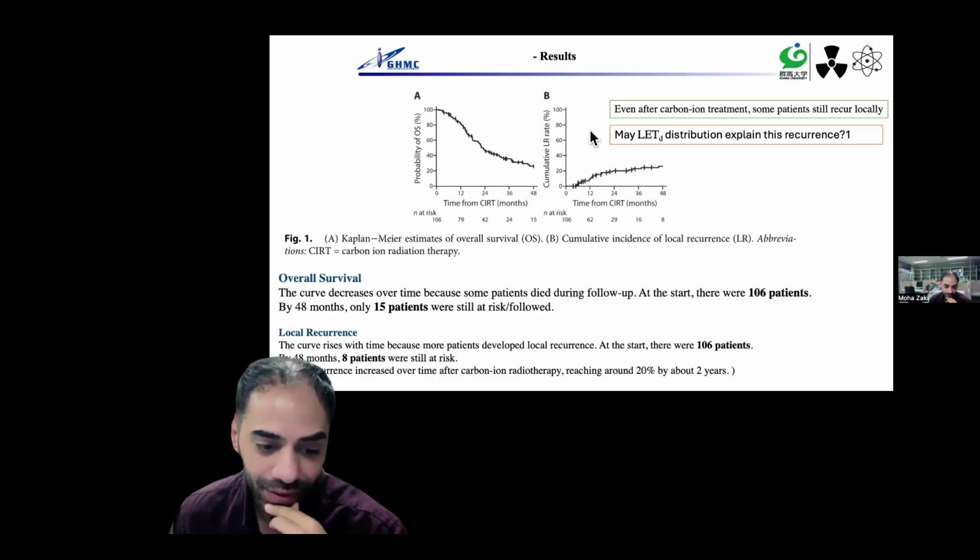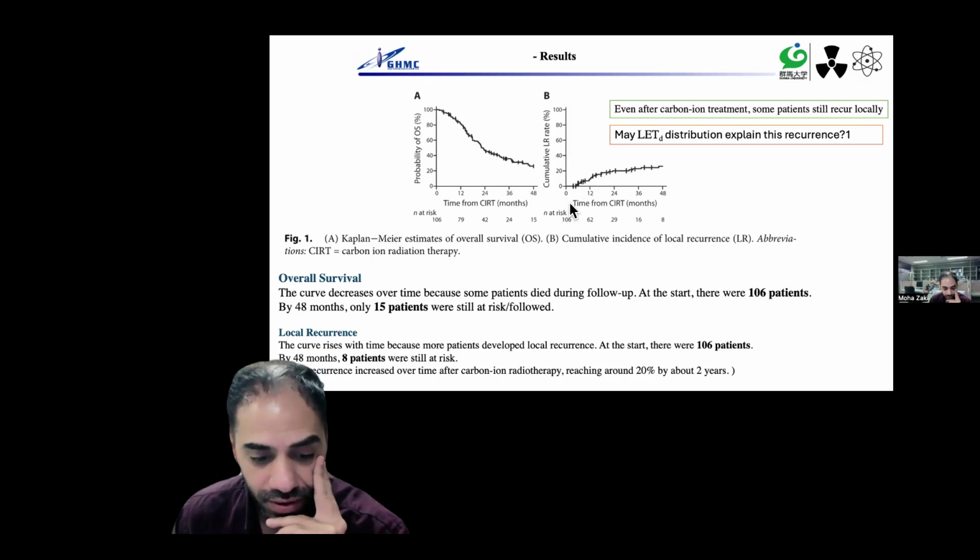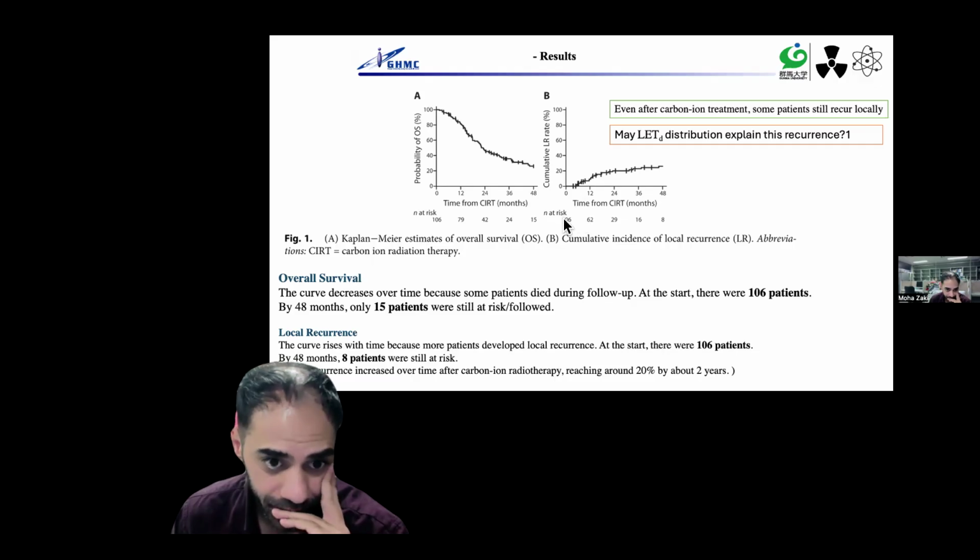In B, it shows the cumulative incidence of local recurrence on the y-axis and the time after carbon ion therapy in months on the x-axis. N is the number of patients still without local recurrence and under observation.